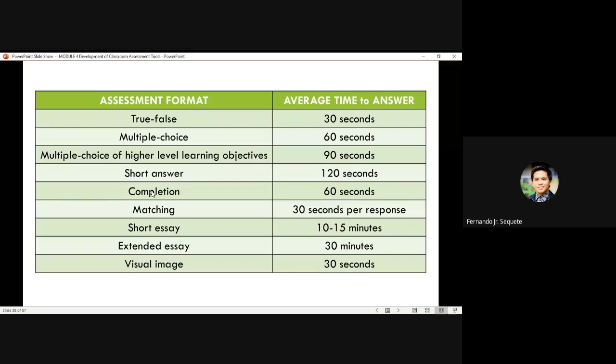So you have to take note of these assessment format and average time to answer para ma-maximize mo, and then of course you can estimate your constructed prelim exam or your constructed first periodical exam na pwede lang sa isang oras. Kasi di ba yung mga exam sa public school, sa elementary at saka high school, parang 1 hour ata yan sa isang subject. Okay? So kaya gagawa ka ng exam na pang 1 hour lang. Okay?